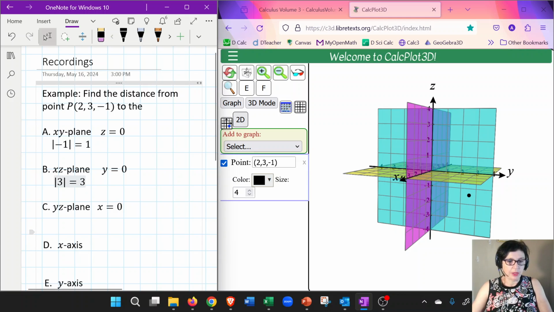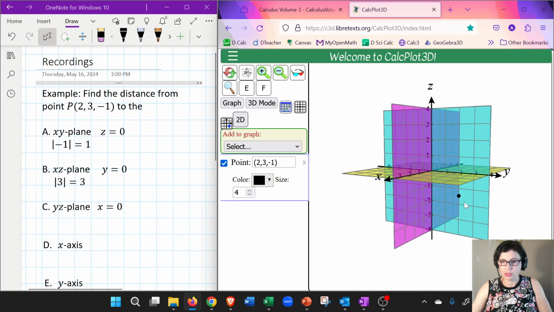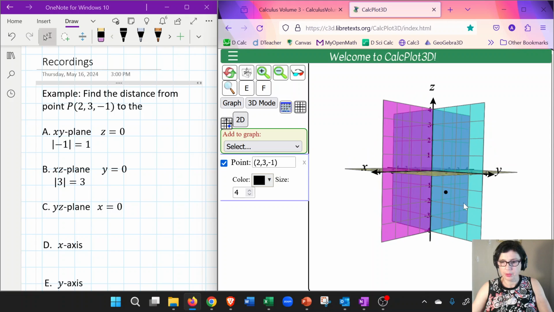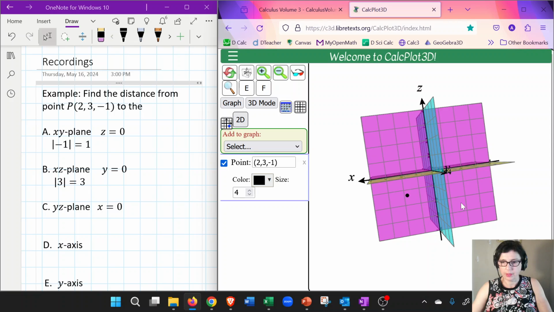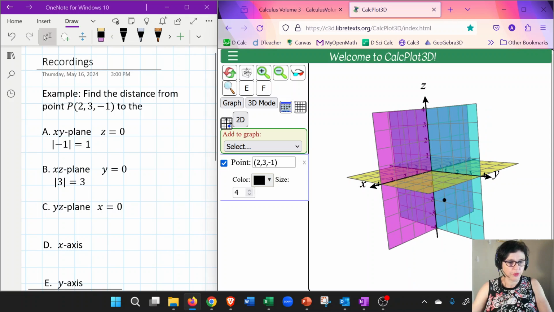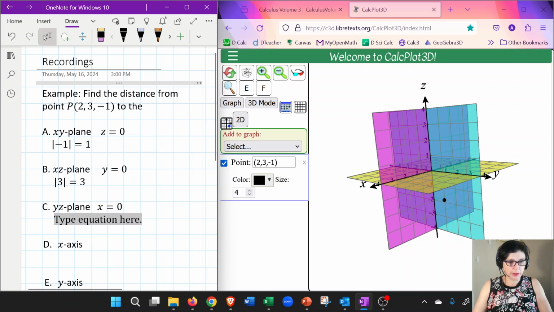Finally, to the yz plane, which is the green plane, you would just have to travel 2 along the x-axis. Let me see if I can rotate it. But yes, you're going to be traveling 2 units, so the absolute value of 2 is going to be your distance.